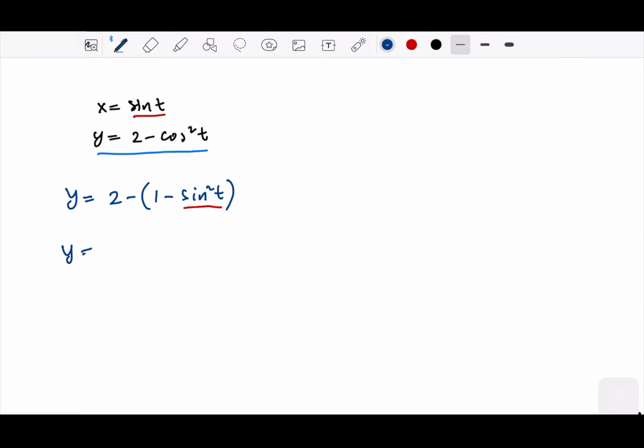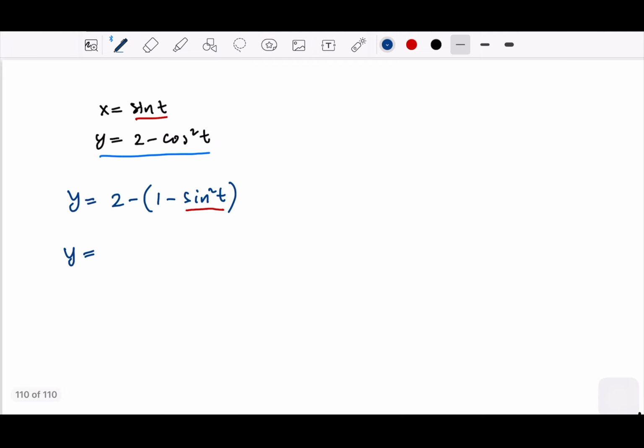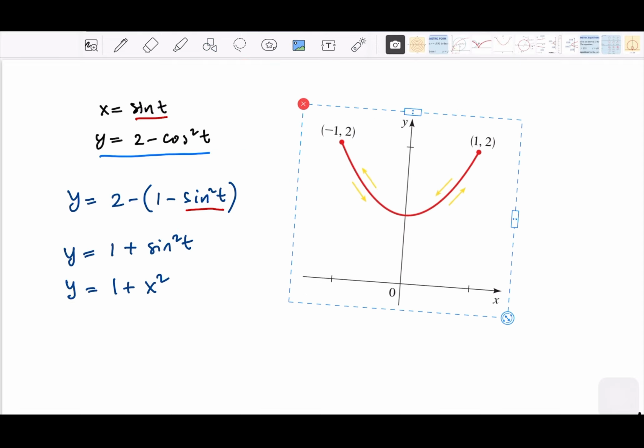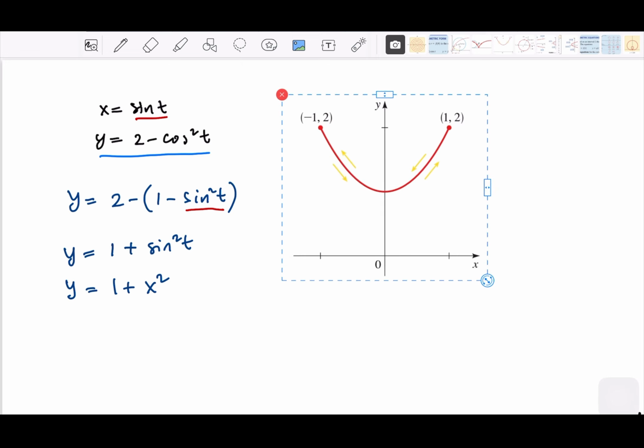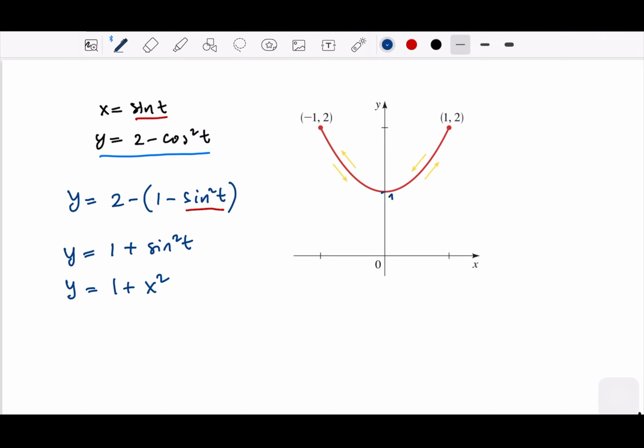So we could write this as 2 minus 1, which is 1, plus sine squared t. And we could write that as 1 plus x squared. So we have a parabola 1 plus x squared, and easily we could draw that as well. Here, okay. It's just an x squared moved upwards 1 unit. Okay. So this is 1.